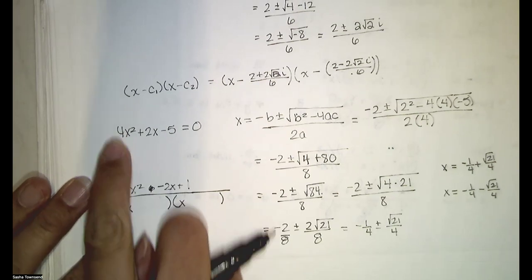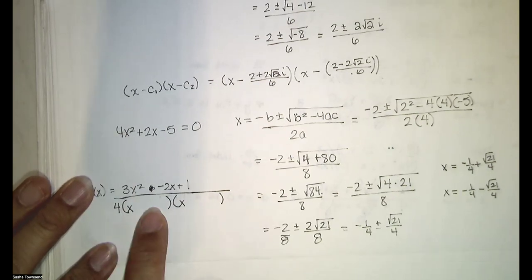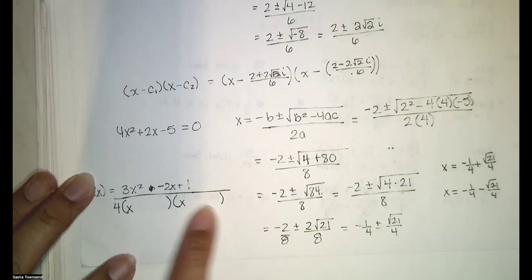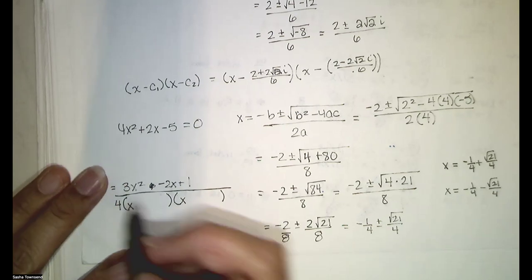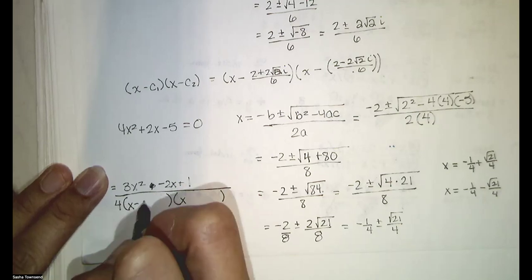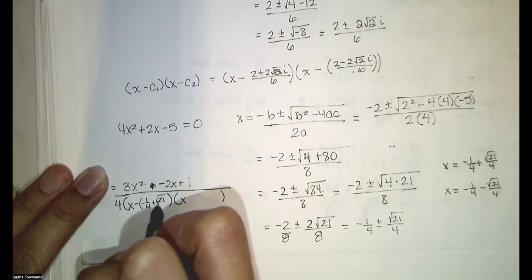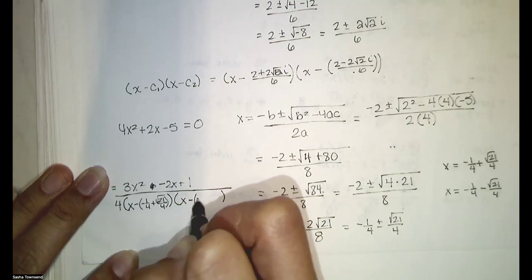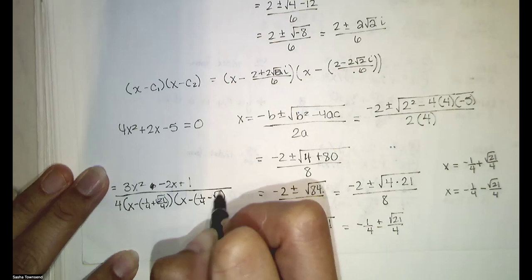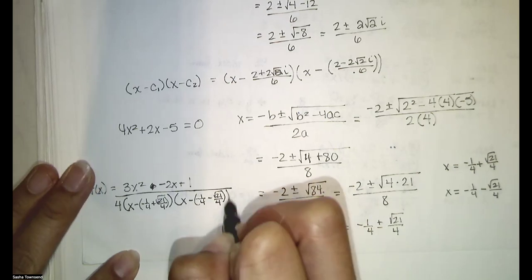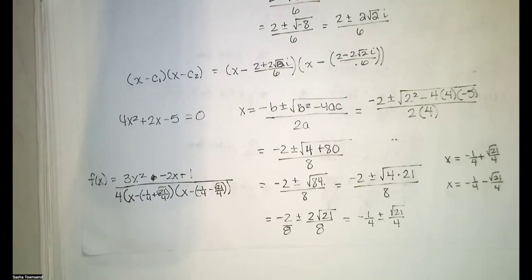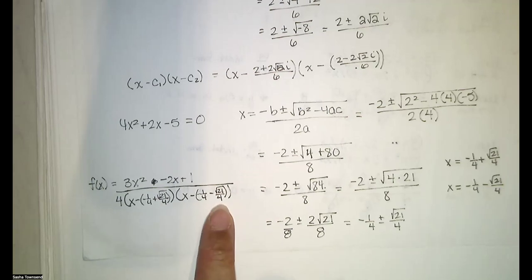It's going to be the leading coefficient 4 times x minus the first root times x minus the second root will give us this. The first root is negative 1/4 plus square root of 21 over 4. And the second root is negative 1/4 minus square root of 21 over 4. And of course, we would simplify that if we wanted to. But those correspond to the vertical asymptotes.